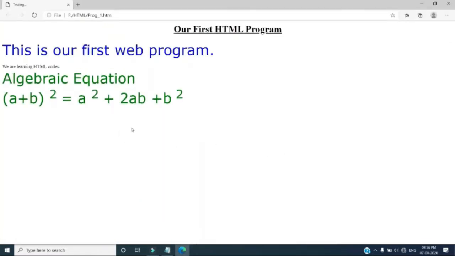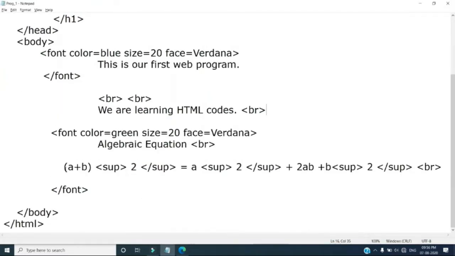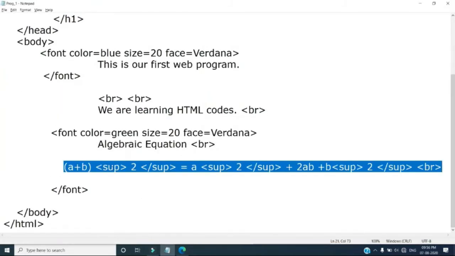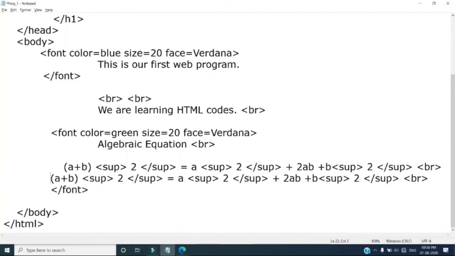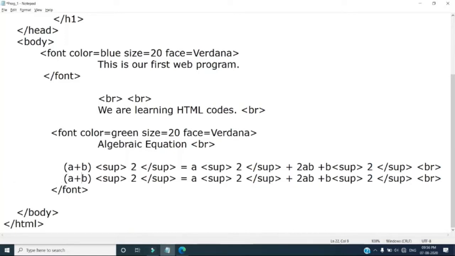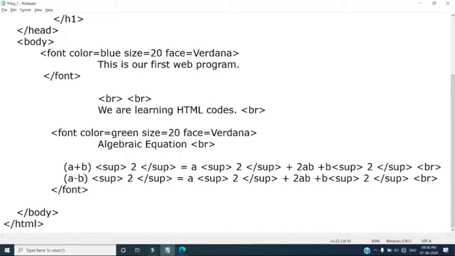Now similarly we can use (a - b)² also. Same thing, we will copy and paste. Here (a - b)² equals a², here only minus 2ab plus b².